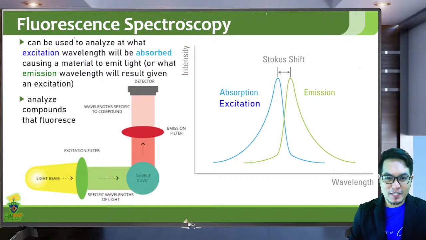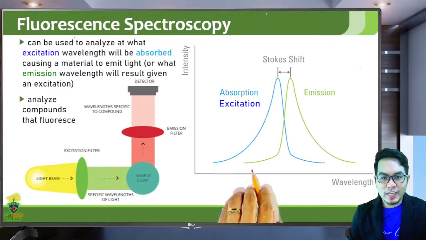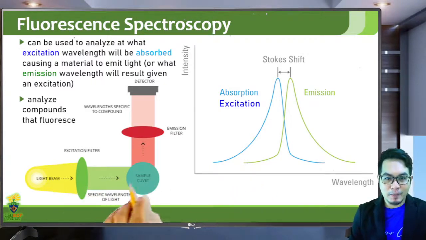Usually in fluorescence spectroscopy, the detector or your spectrometer is placed at 90 degrees to your excitation light source. This is your light source, this is your sample here. In absorbance and transmission spectroscopy, you usually place your detector in line with your light beam and your sample.